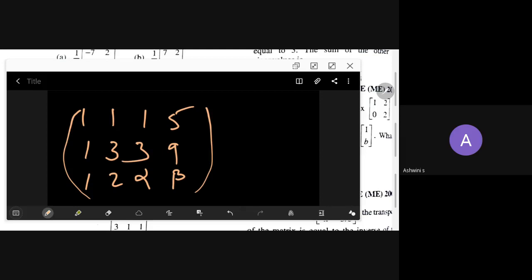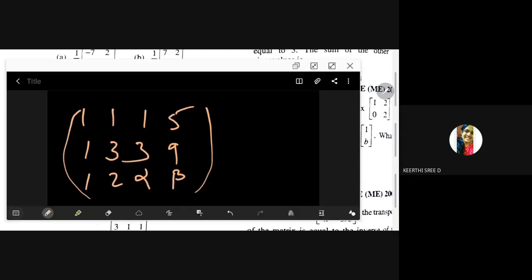Is there any shortcut here or do we need to do the problem? Response, please. So we need to do the problem, sir. If you do the problem, then what are you getting?